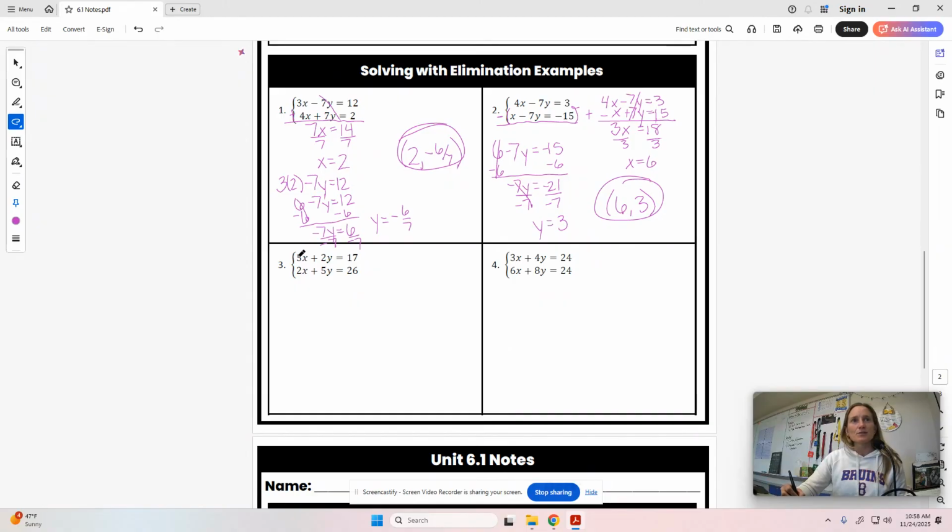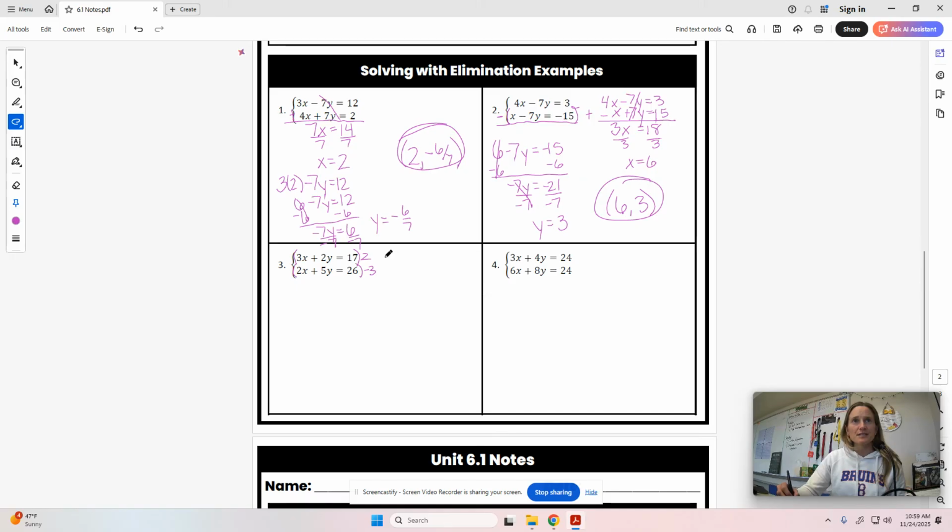So what I'm going to do is make the coefficient on the x 6, one equation positive 6 and one equation negative 6. That means I'm going to multiply this whole first equation by 2, and I'm going to multiply this second equation by negative 3. It's going to allow my x's to cancel out, but it's the whole equation, so I have to multiply all the other parts of it also.